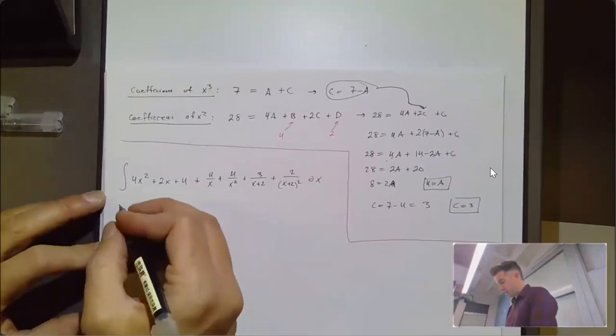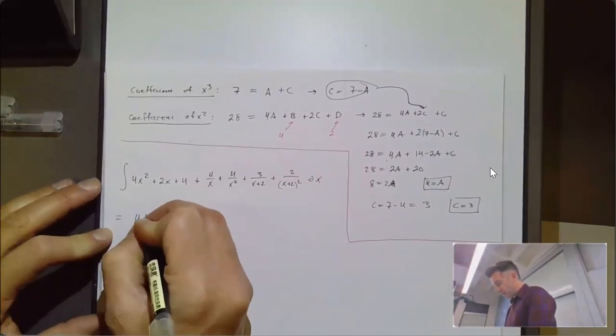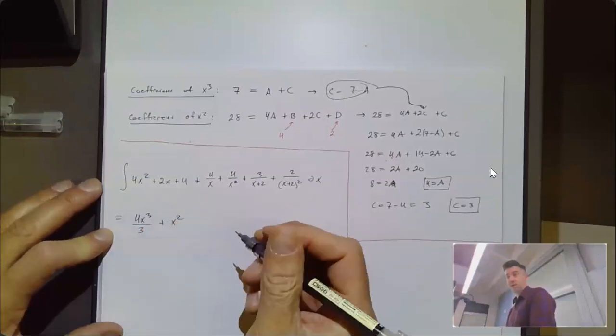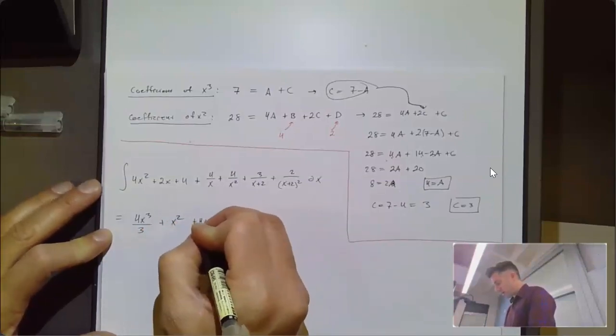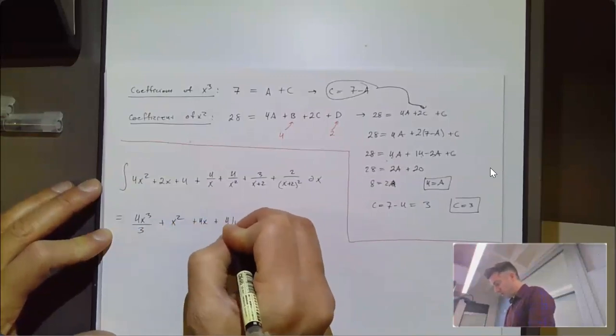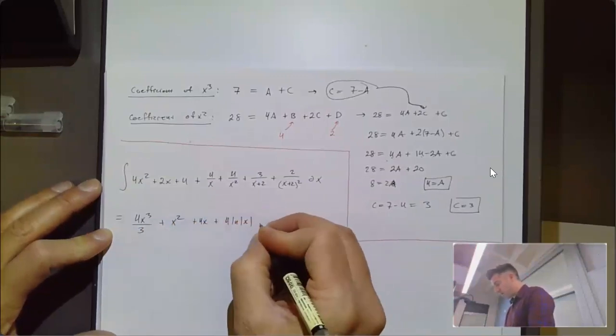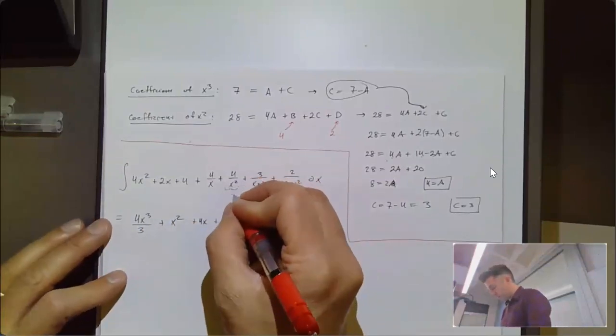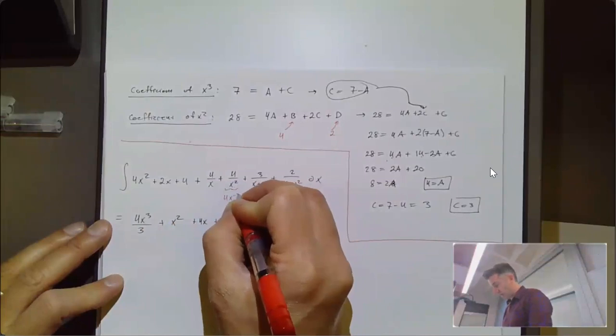So this is going to be equal to 4x cubed over 3 plus 2x squared over 2, which is just x squared, plus 4x plus 4 natural log of the absolute value of x, plus, be careful, I would encourage everyone to think of this as 4 times x to the negative second.